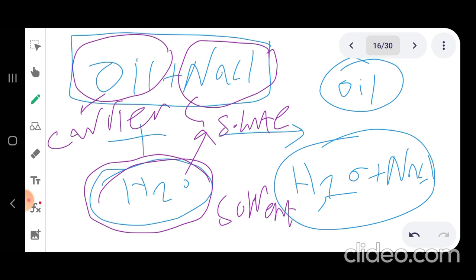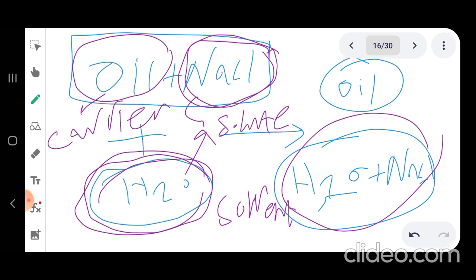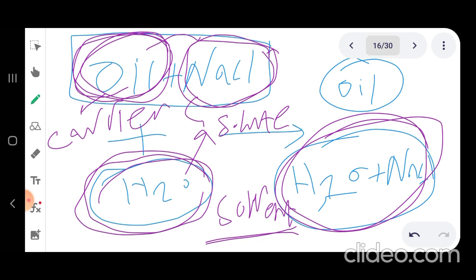So again, the solute is to be extracted, to be taken. The solvent is what will take this solute later. The component that has the solute initially, before the extraction process, is called the carrier.